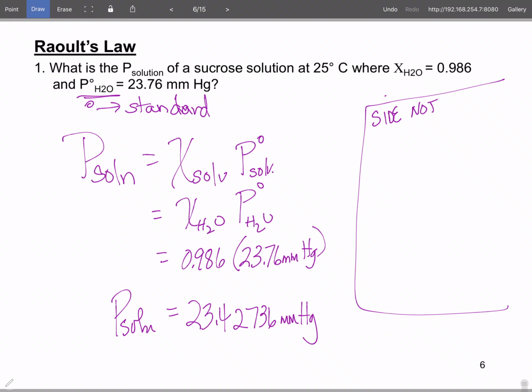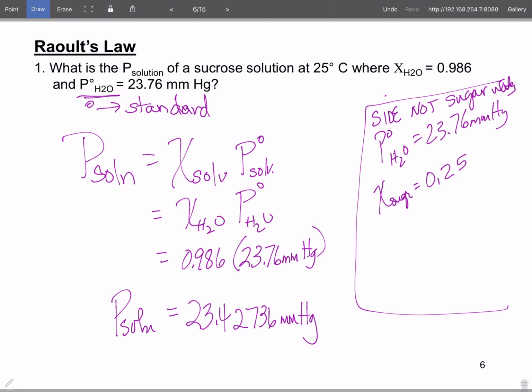If we're told that our pressure of water will still keep the same amount, 23.76 millimeters of mercury, but the mole fraction of our sugar is equal to 0.25, then that means that the mole fraction of the water, since it's only 2 components, has to be 0.75, because the total mole fractions has to equal 1.